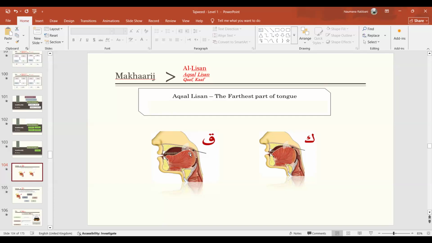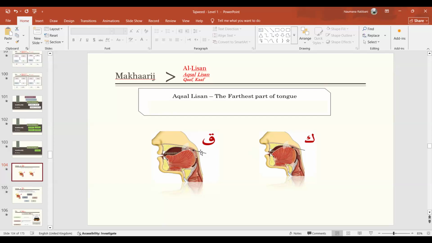If you see in the diagram here, the articulation point of the qaf is slightly back. That's why sometimes when I'm correcting, I've said to move the makhrij slightly back, because when we try to say qaf, that is me trying to make kaf heavier.